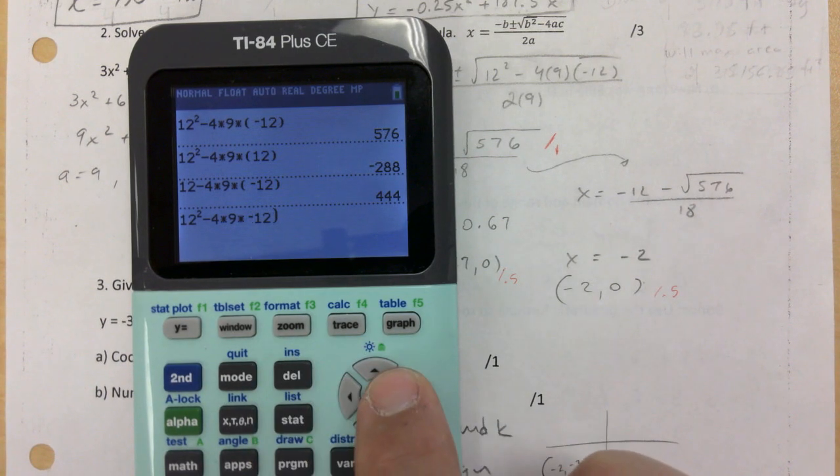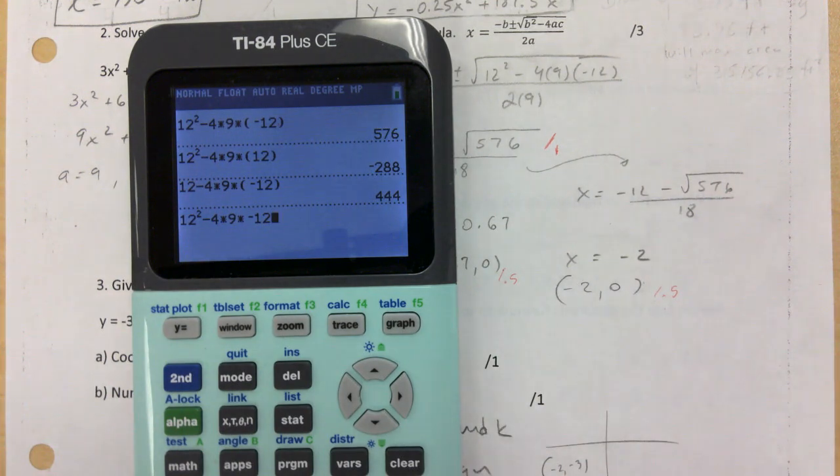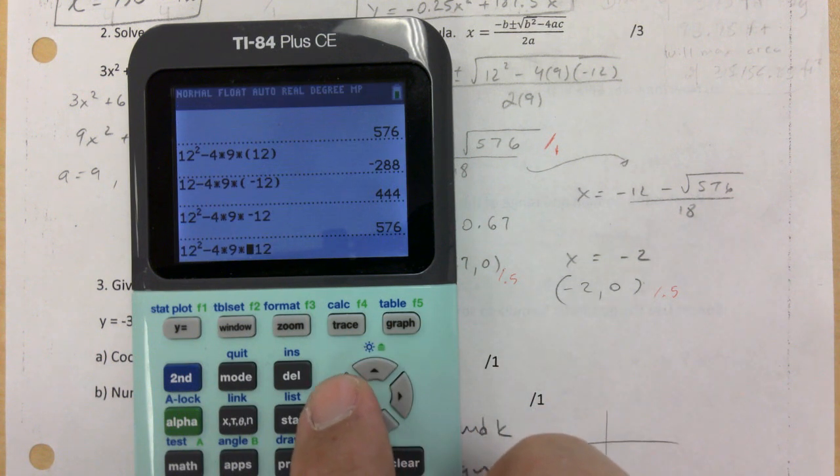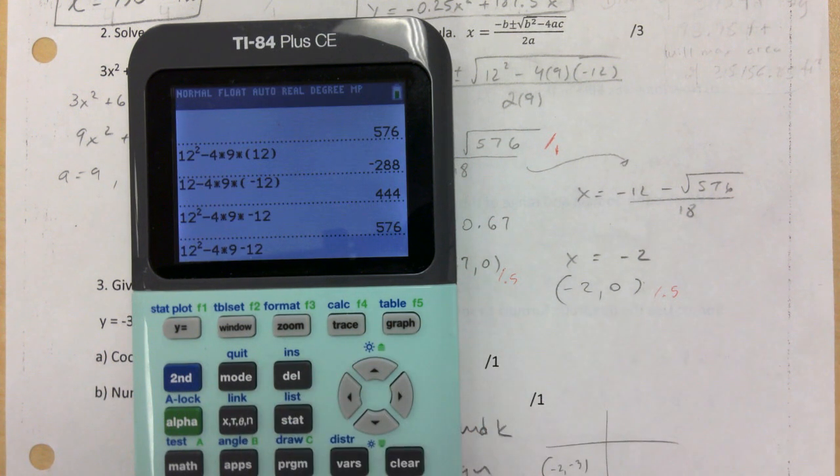Let's see if you remove the brackets. It still should give you 576. Did you forget the times? Let's see if I remove that, it's still 576.